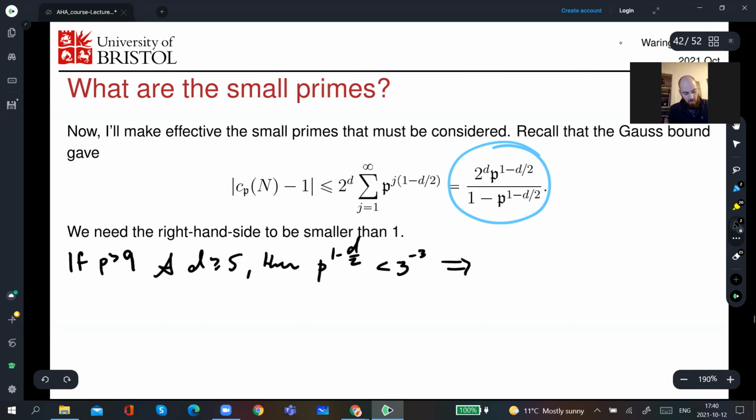Which of course implies that 1 minus p to the 1 minus d over 2 is greater than 26 over 27.